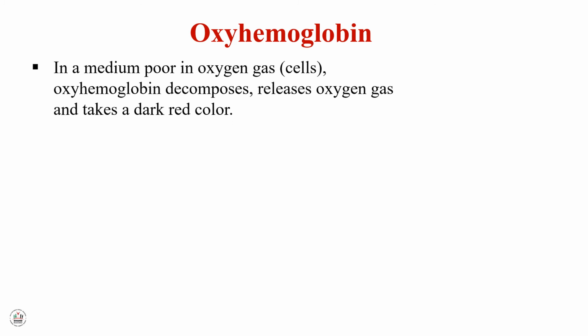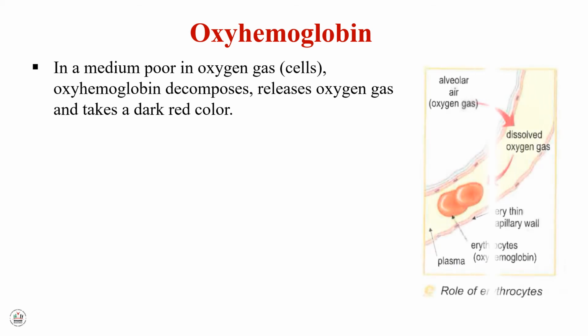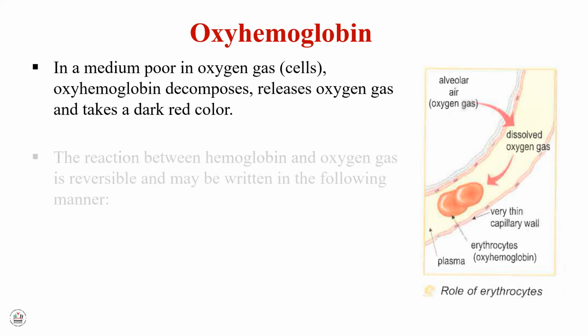In a medium poor in oxygen gas, like cells, oxyhemoglobin decomposes and releases oxygen gas and takes a dark red color. فإذا بالميديوم اللي بيكون poor in oxygen gas like cells، الأكسيهيموغلوبين بيتفكك وبيعمل ريليز للأكسجين غاز واللون تبع الدم حيكون dark red color.